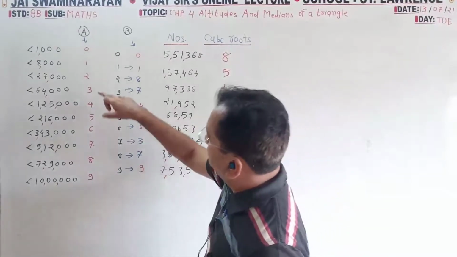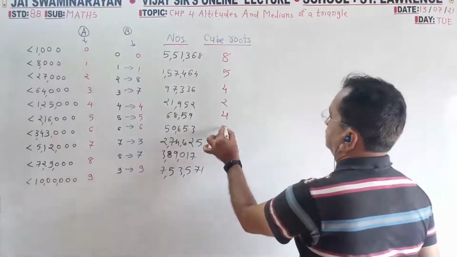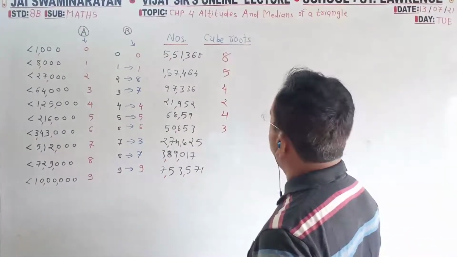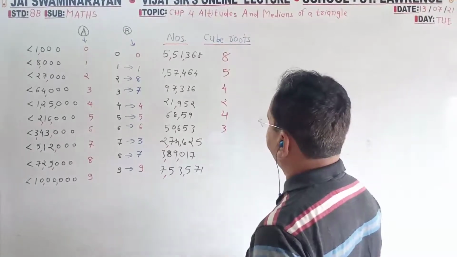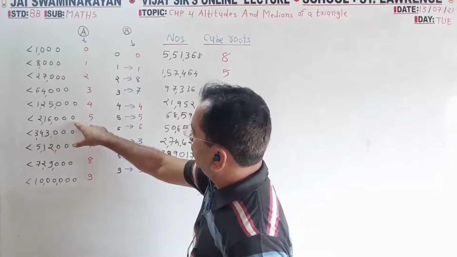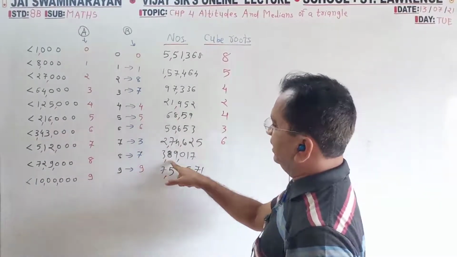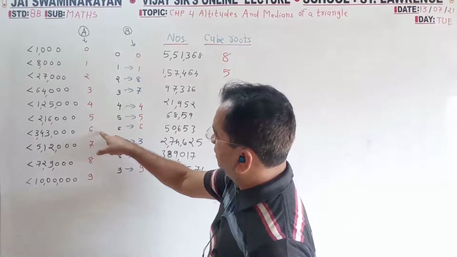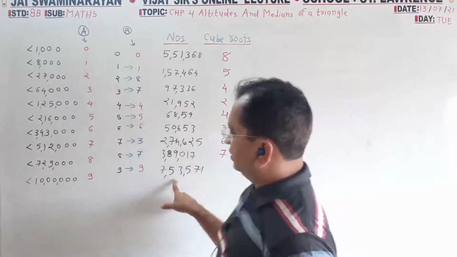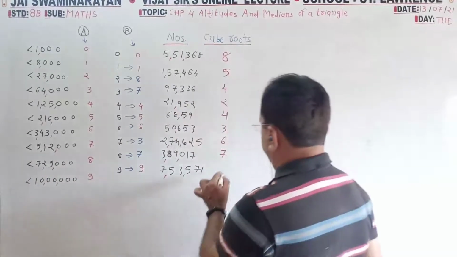Five zero, 50,000 is under this. Now 2,74,000 not here, here. 3,89,000 not here, here. 7,53,000 will not be here, it will be here.